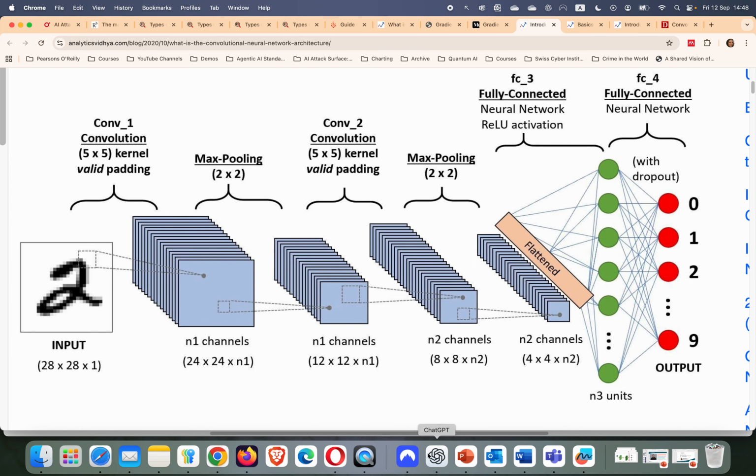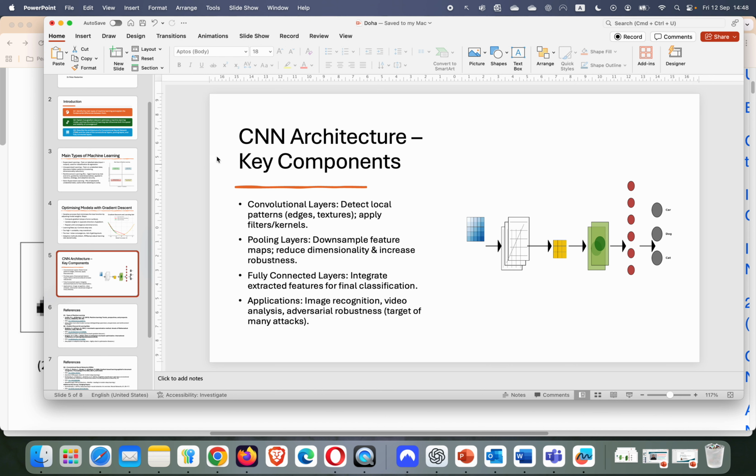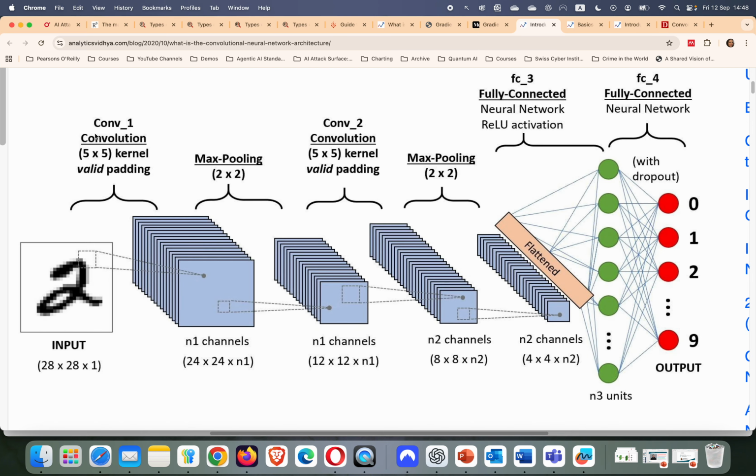Now, moving to the third slide, which is the convolutional neural network architecture and the key components. This is the image that I prepared very quickly for you today, and these are more detailed images that other people have prepared to publish in journal papers. The link to this article is in the list of references in the PowerPoint slides.